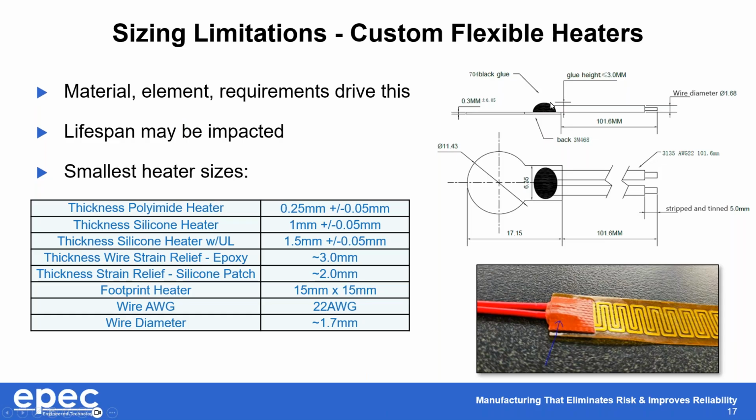That's far greater than the overall thickness of the heater in this example, which is less than half of a millimeter. Of these designs, the epoxy design has a very small footprint, but has a couple millimeters of height as shown. If overall height is a concern, we can use a silicone patch for strain relief, as shown in this image in the lower right-hand side.